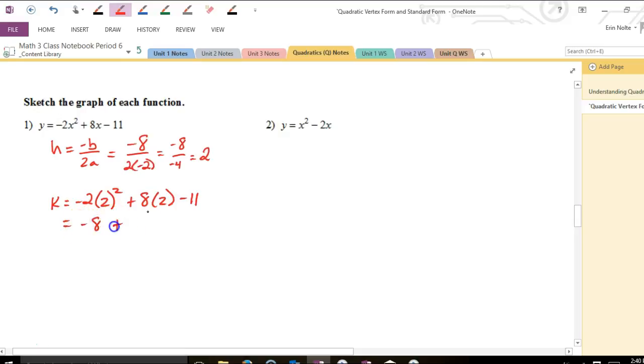And then plus 8 times 2 is 16, minus 11. So it's negative 8 plus 16, which is 8. And 8 minus 11 is negative 3. So the vertex that I just found, FYI, is (2, negative 3).